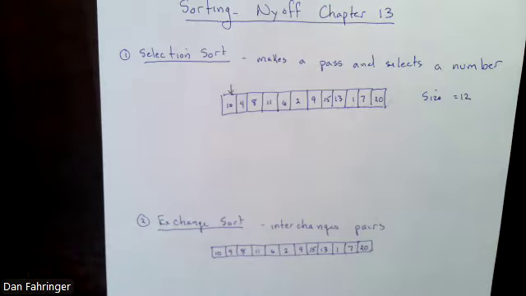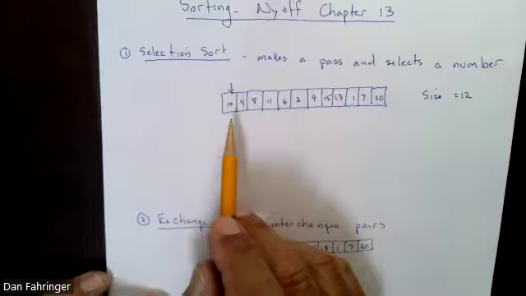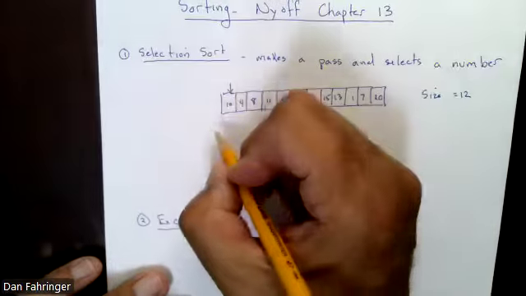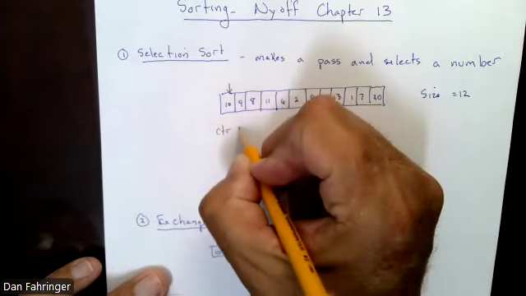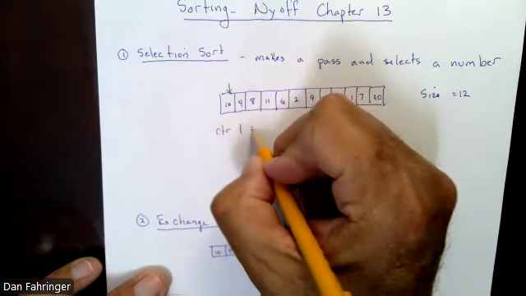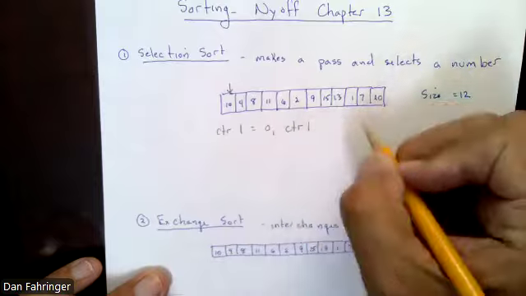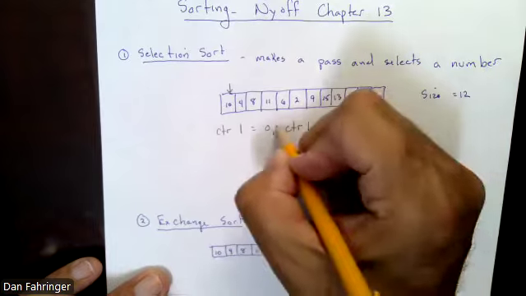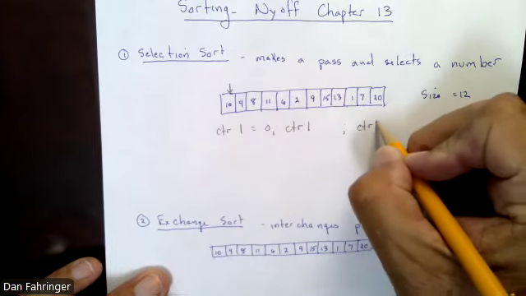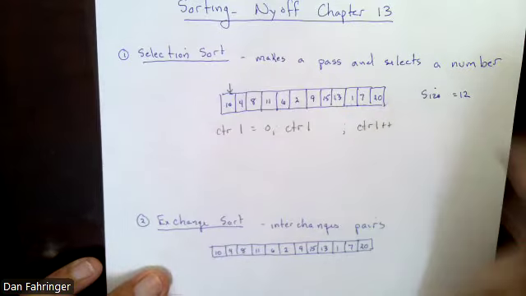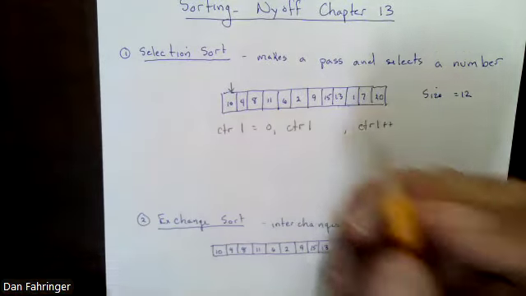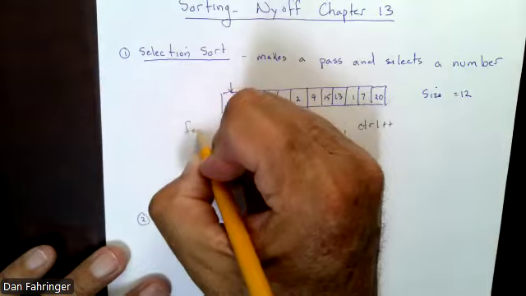Okay. So I need one outer loop that starts at 0: counter1 equals 0, counter1 less than something, counter1 plus plus. Could you come up with some help for me here?